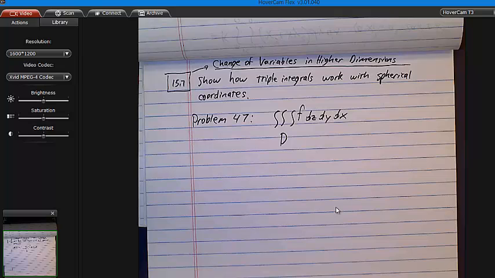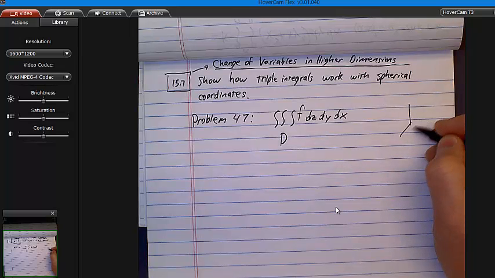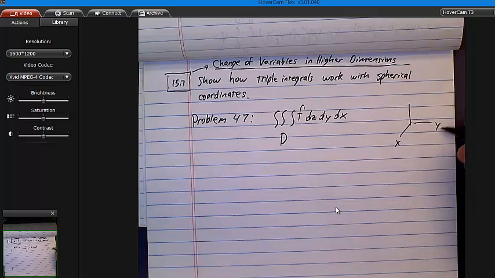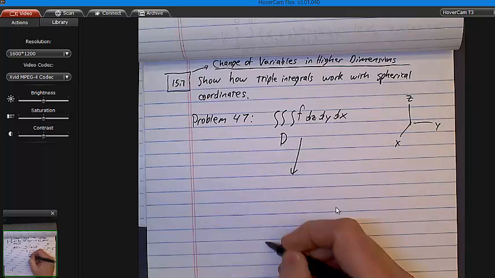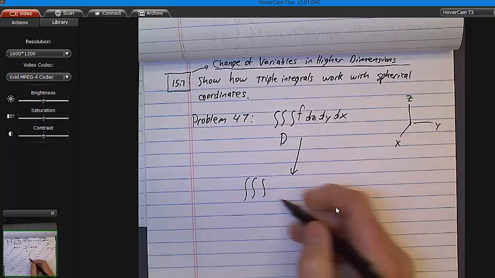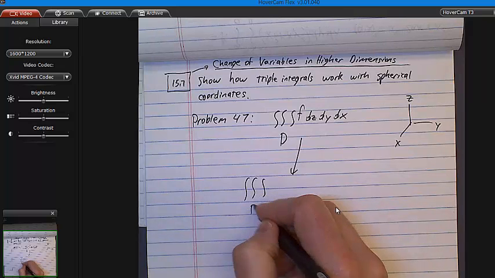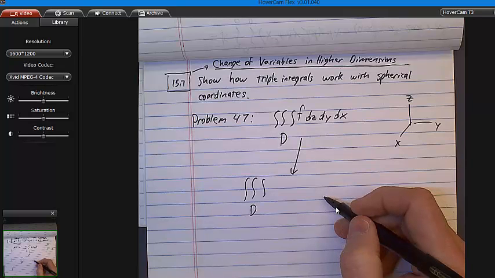What I'd like to do is show you how we change the x, y, z world, and rewrite this again as a triple integral over D. But what are the variables we're going to use?